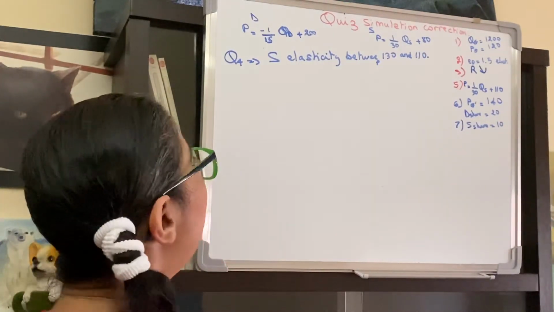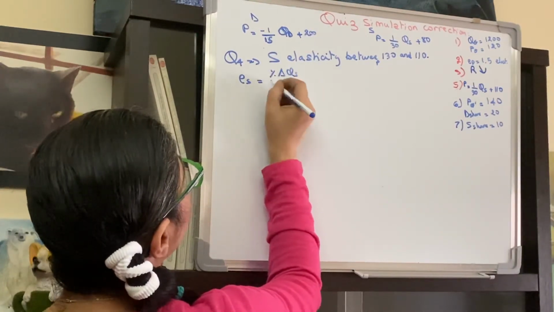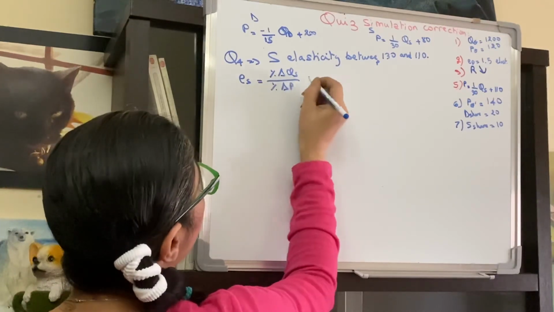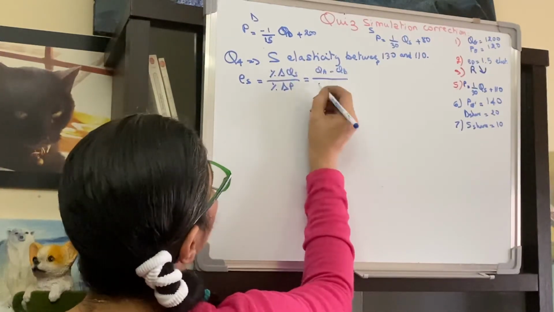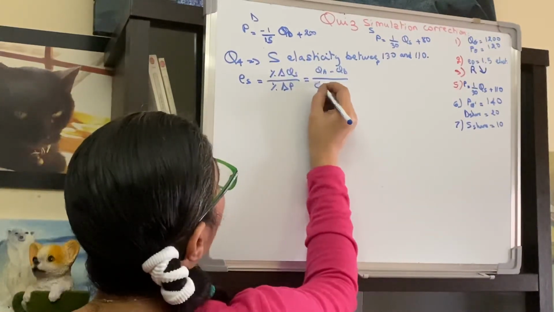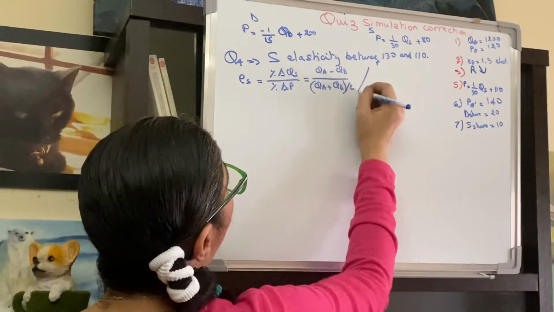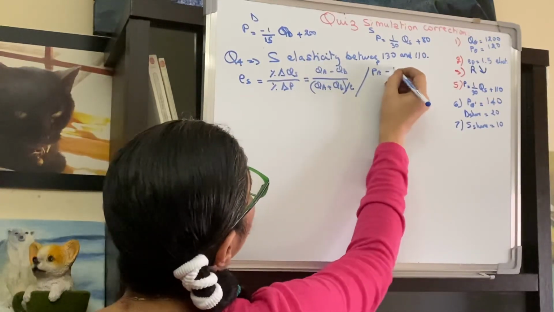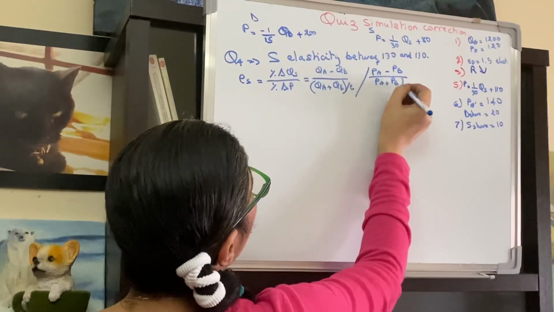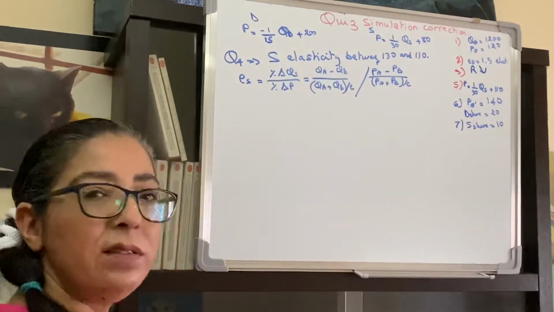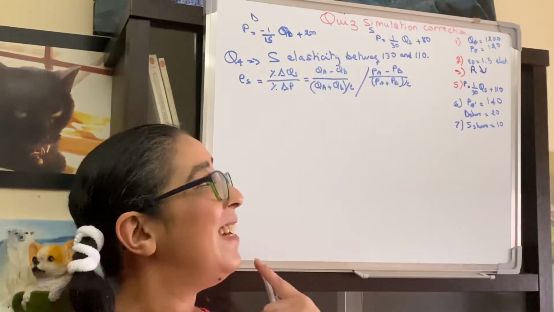I have my formula, ES is equal to percentage delta QS over percentage delta P, which is equal to QA minus QB, if I have 2 points, of course, named A and B, over QA plus QB, by now you know it by heart, divided by 2, over PA minus PB over PA plus PB, everything divided by 2, and I do not need the absolute value because it's positive.